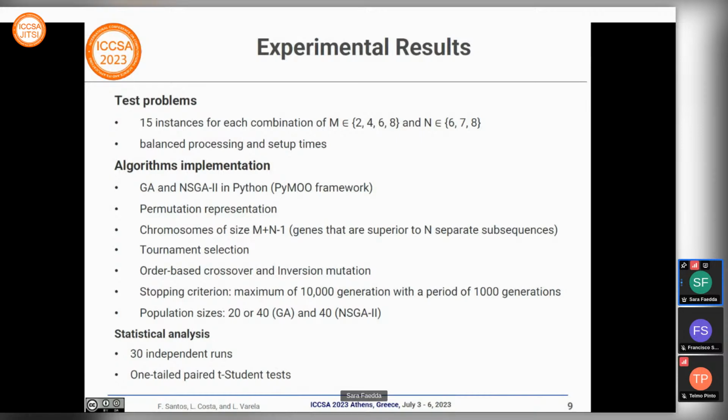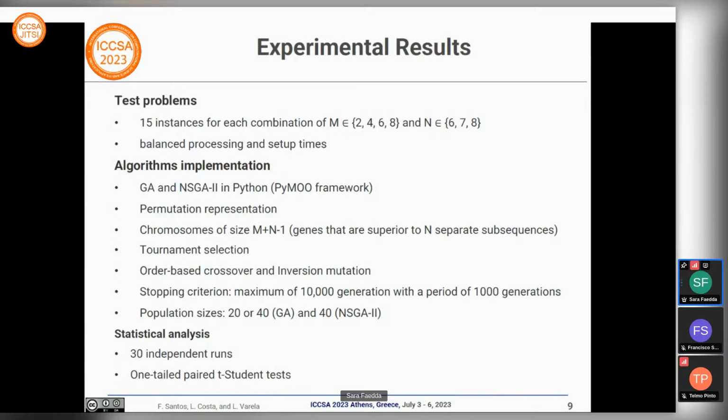We tested several different population sizes. I will present here some results for population sizes of 20 and 40 for the genetic algorithm in the single objective approach.